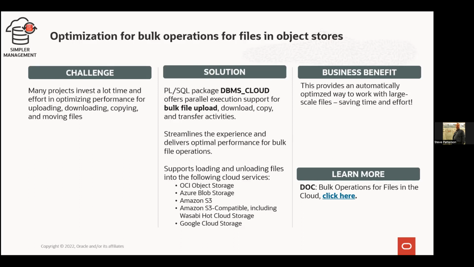I've already played with it quite a bit, because I use the OCI command line quite a bit, and to be able to just package everything inside of my database, run it as a database job rather than having to run cron jobs and set up VMs and patch VMs and things like that. I can just do it inside the database, and I don't have to worry about patching or anything like that. Okay.